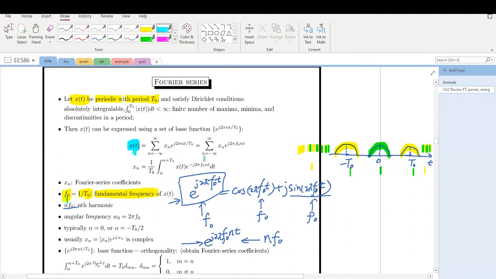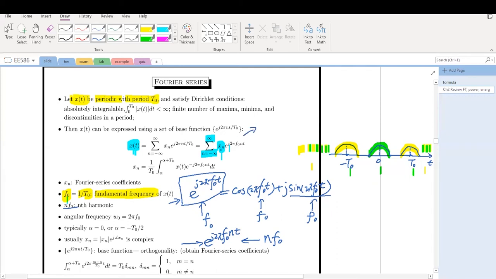We can see that this n is running from minus infinity to infinity. These are integers. And X_n is a constant. And e to the power j 2 pi f0 n t, that's the nth harmonic.